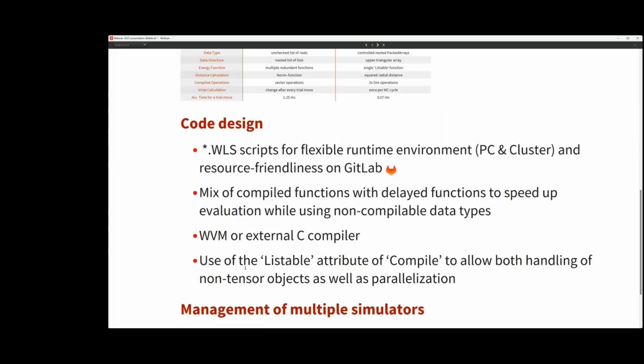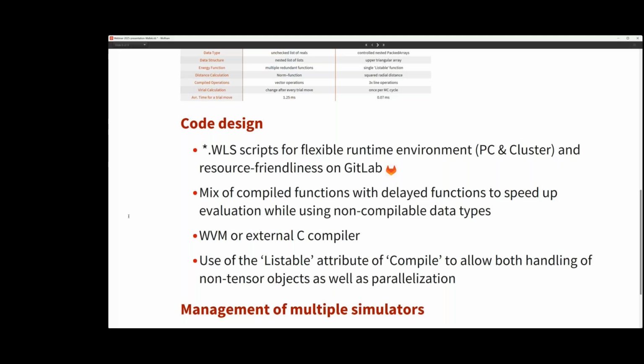Okay, to talk about code design, we use Wolfram Language scripts instead of notebooks, because these can be used both on a personal computer and a computer cluster. And they are also somewhat more resource-friendly when it comes to using GitLab for code management.